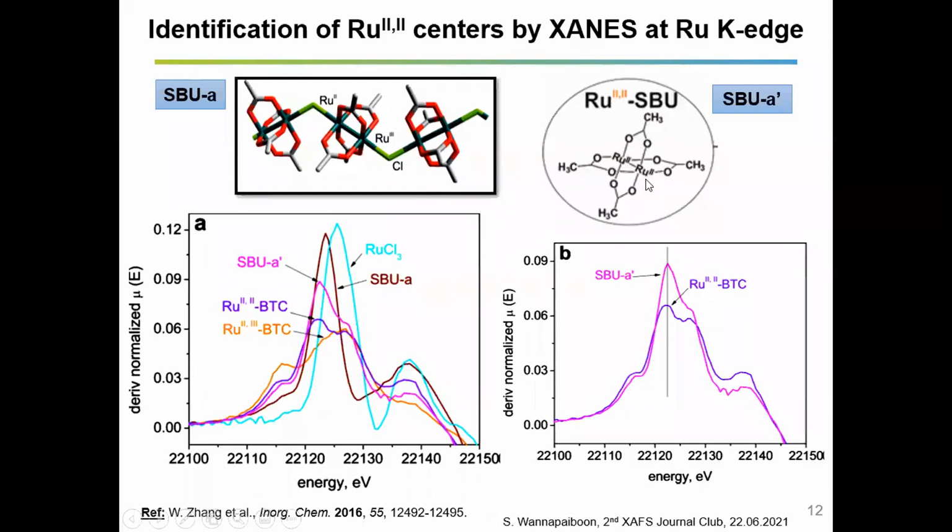And this one has the open metal site, or coordination unsaturated site, which allows the reactants to coordinate to the ruthenium centers and can be used as catalytic centers for various kinds of catalytic performance later.